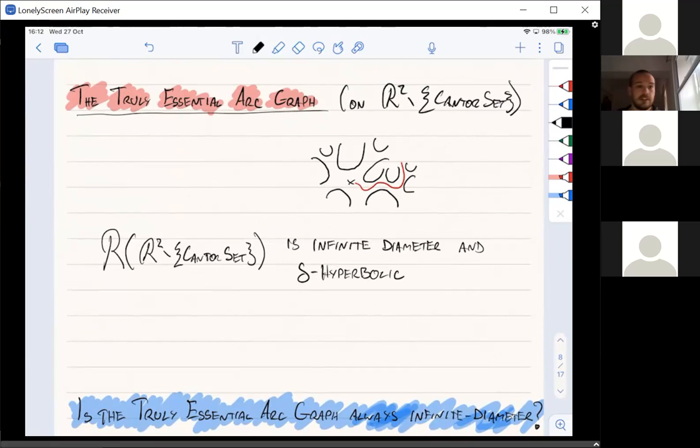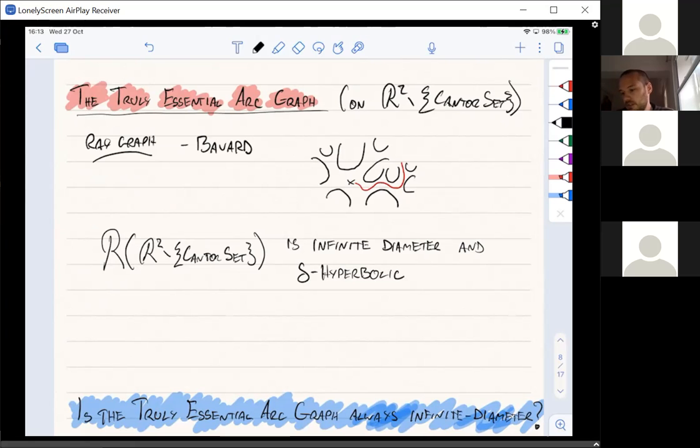So now let's graduate to the truly essential arc graph for infinite type surfaces and see if that is any better. And it turns out it is, at least for the surface we just looked at, R2 minus a Cantor set, or the punctured Cantor tree. This was actually called the ray graph, and it was studied by Juliette Bavard.